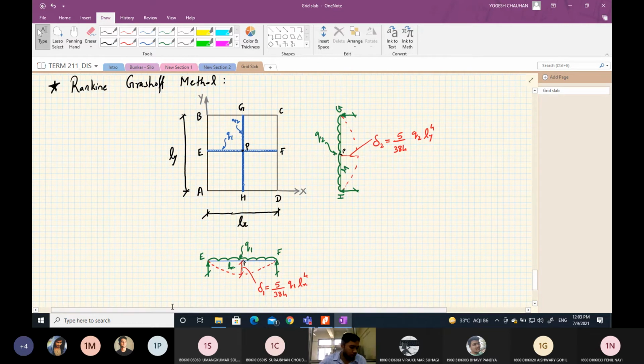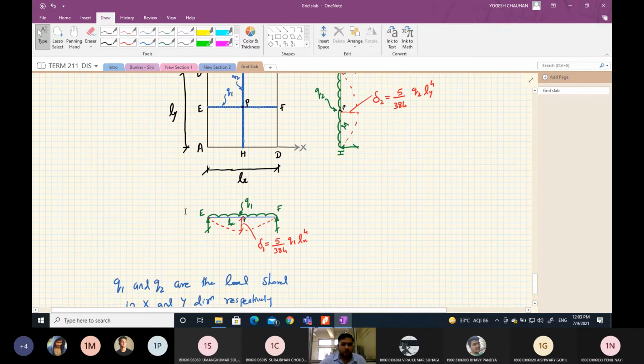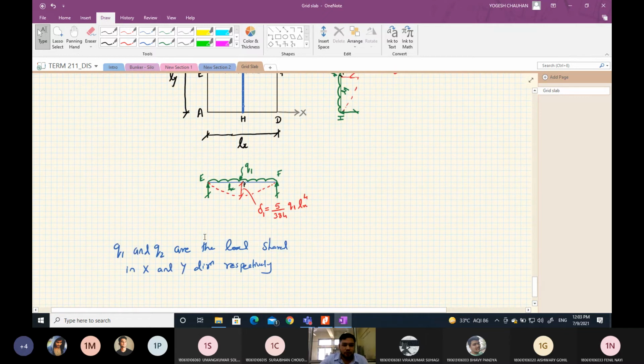Now, according to Rankine's-Grashof method, the loads shared in both the directions are proportional to the deflections in the two strips.